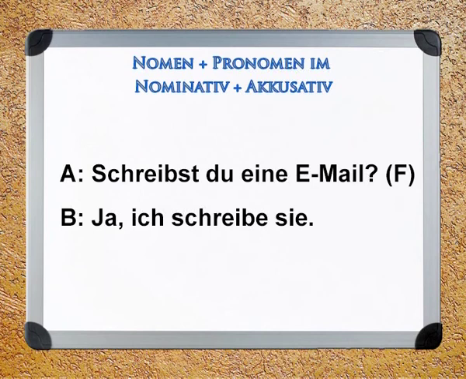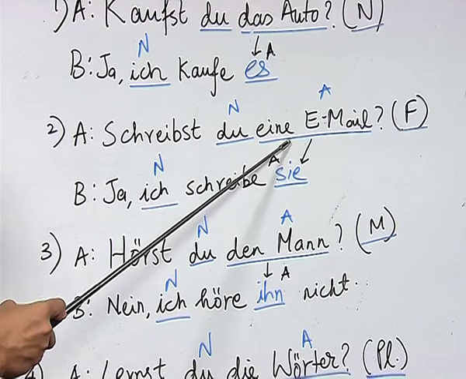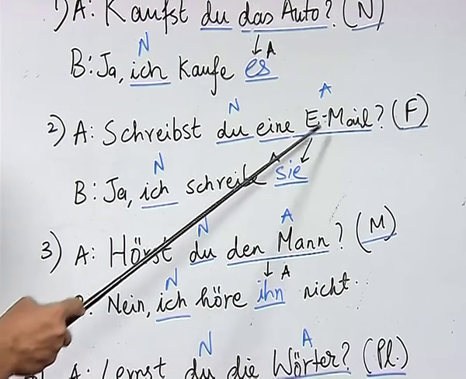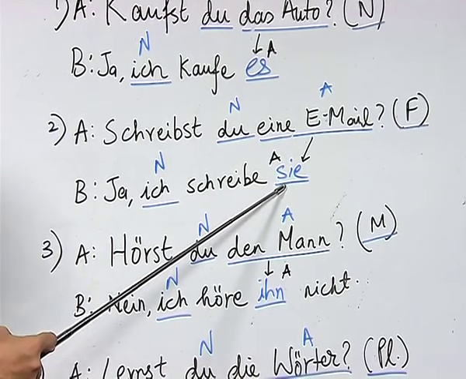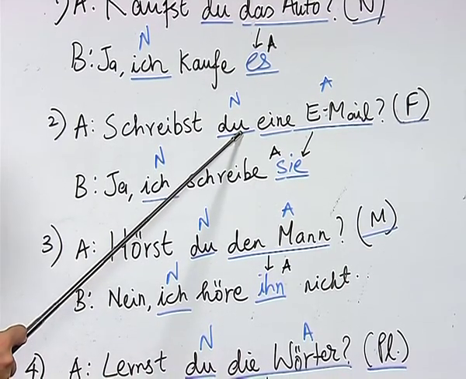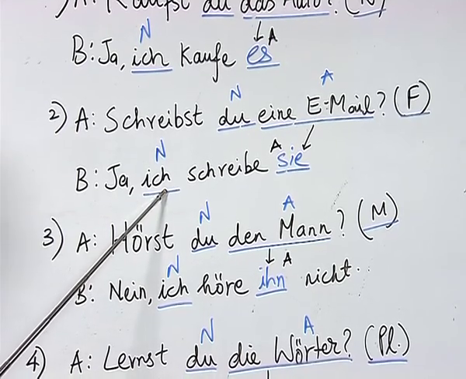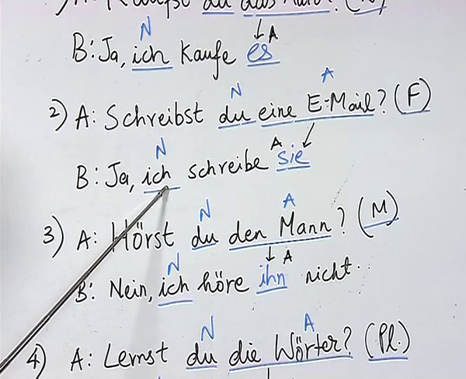In the same way we have this sentence, schreibst du eine E-Mail? Ja, ich schreibe sie. Here again the accusative eine E-Mail in the question is replaced by the pronoun sie in accusative, and du, which is the nominative here in the question, is replaced by the nominative ich here in the answer.